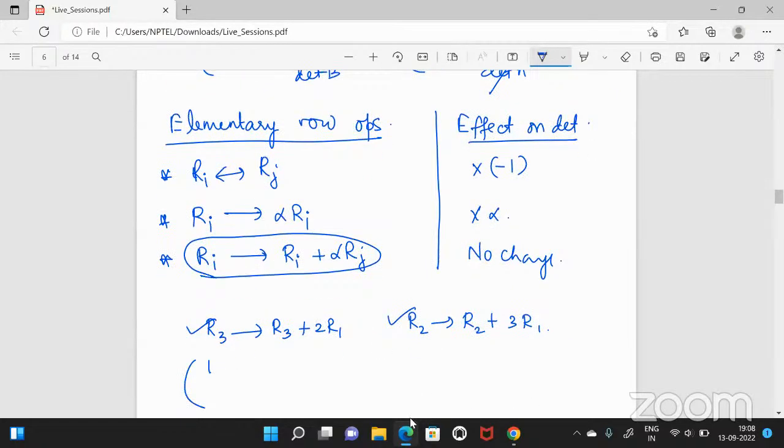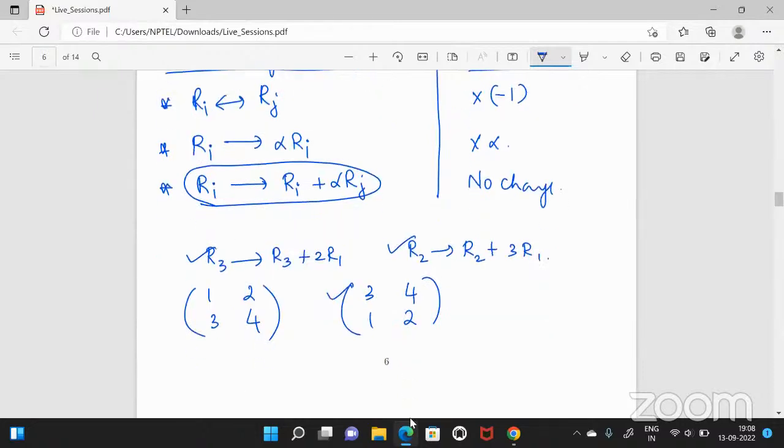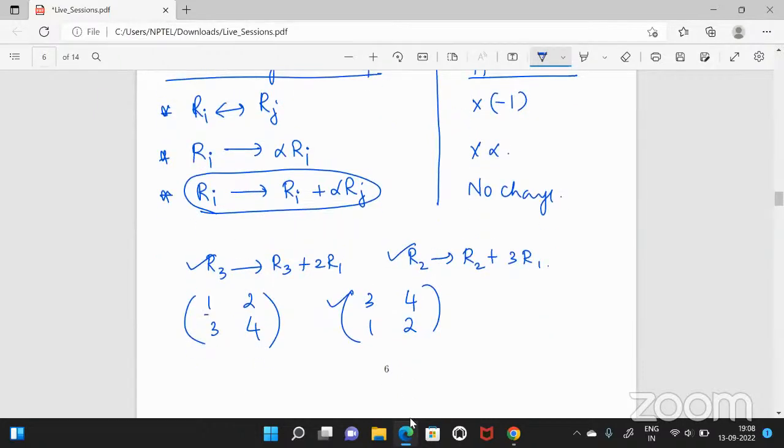So say for example 1, 2, 3, 4. When I interchange, I will do something like this: 3, 4, 1, 2. This is an elementary row operation. Now suppose I replace the first row with half times the first row. So half, 1, 3, 4. This is an elementary row operation that I have performed on the original matrix.